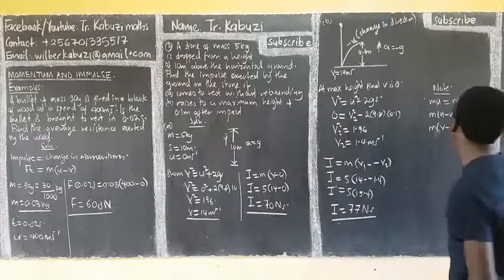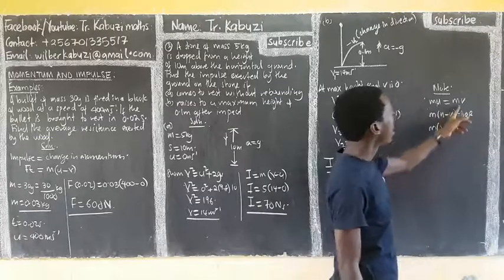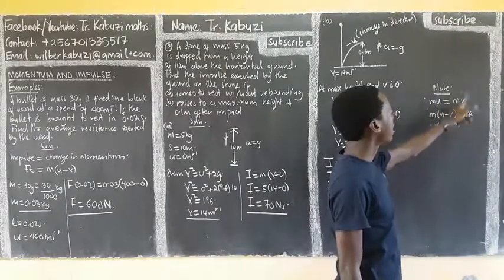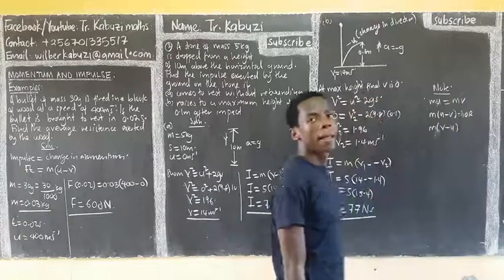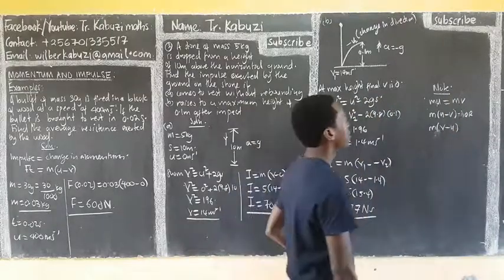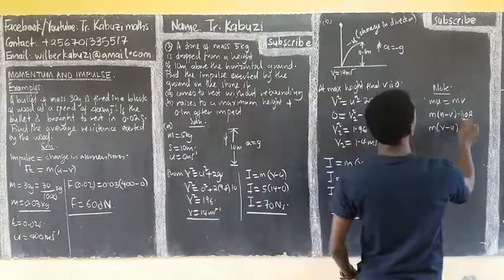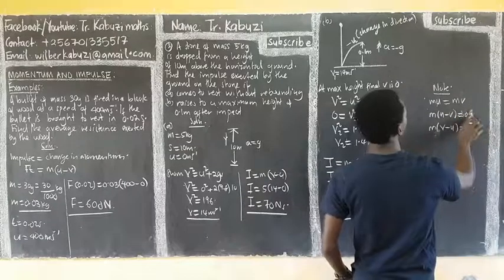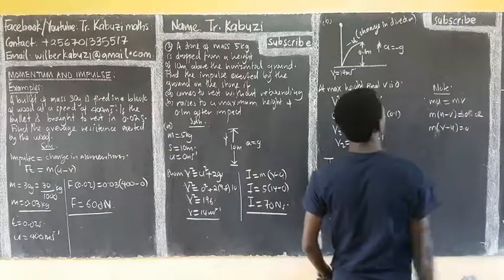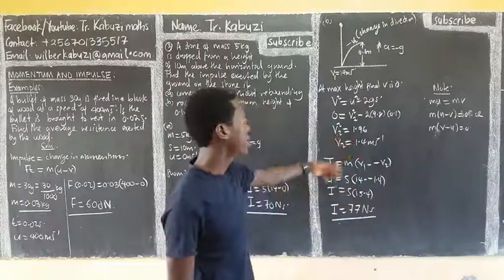So it's up to what you want. If you take this side, you get this. If you take this side, you get that. As simple as that. So equaling 0 or this equaling 0. It's up to you. That's why we are able to interchange them the way we want.